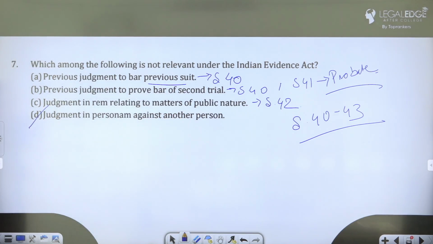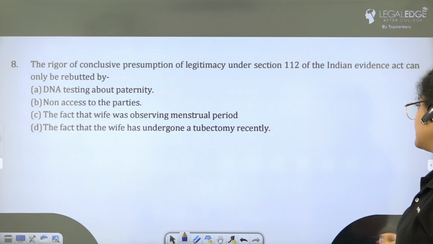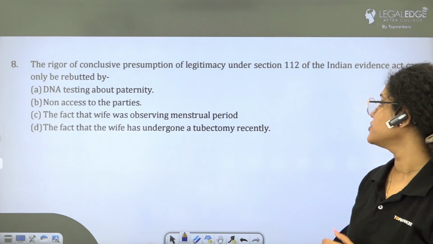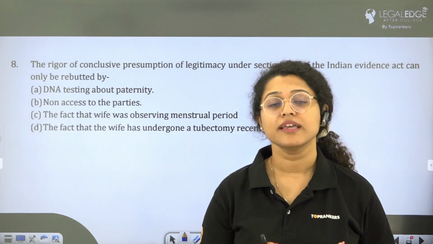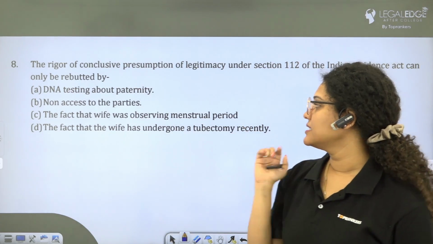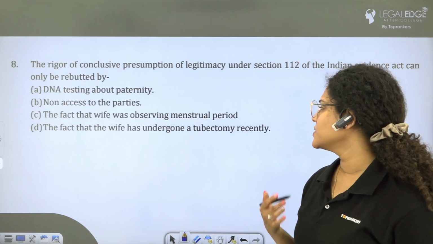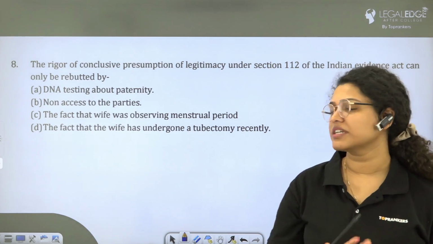All right, let's move ahead with our next question. Question number 8. The rigor of conclusive presumption of legitimacy under Section 112 of the Indian Evidence Act can only be rebutted by A. DNA testing about paternity, B. Non-access to the parties, C. The fact that the wife was observing menstrual period, D. The fact that the wife has undergone hysterectomy recently.